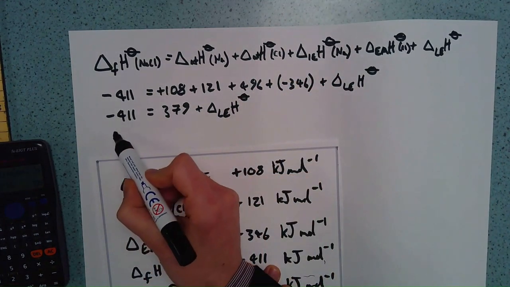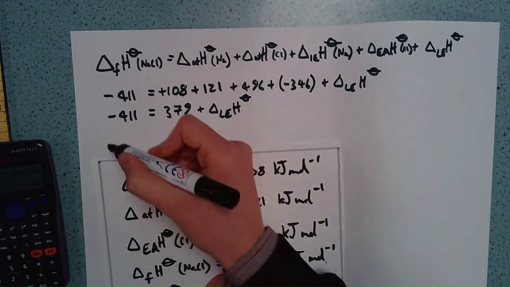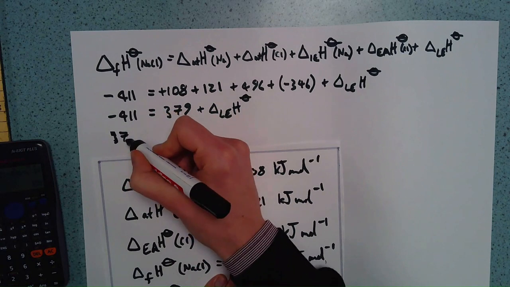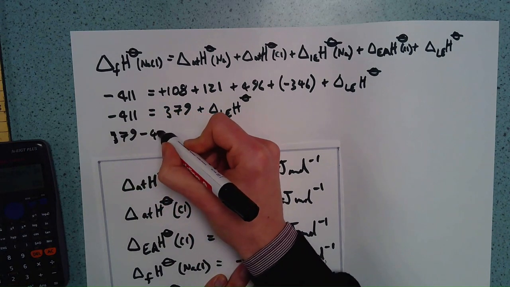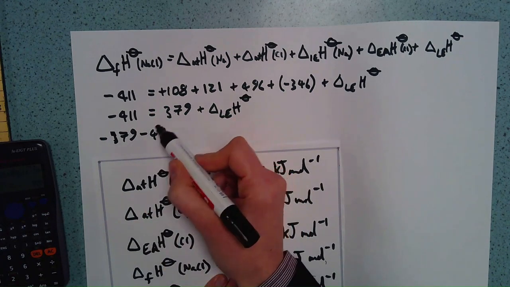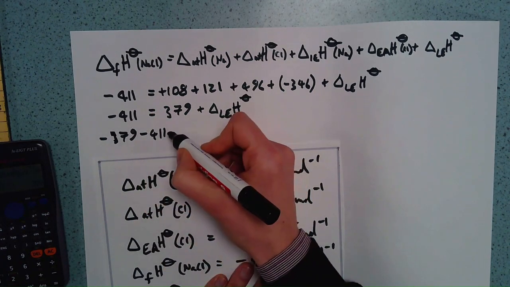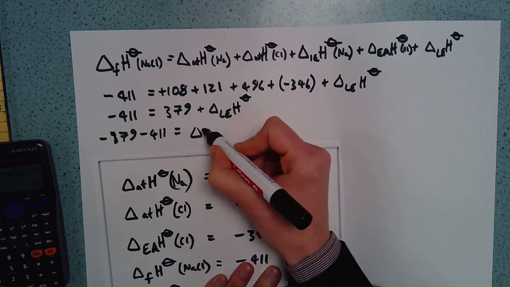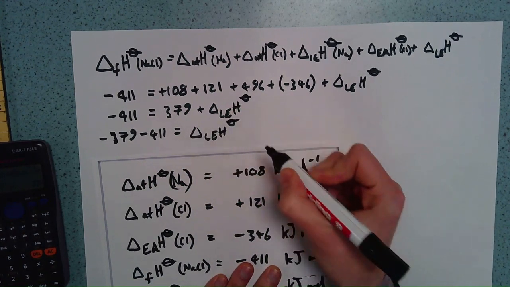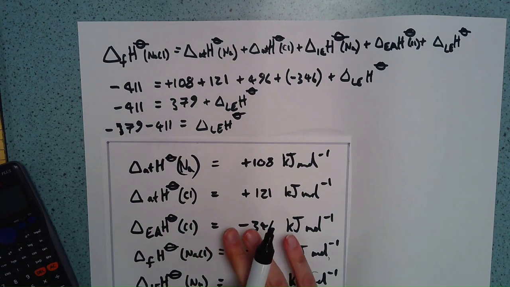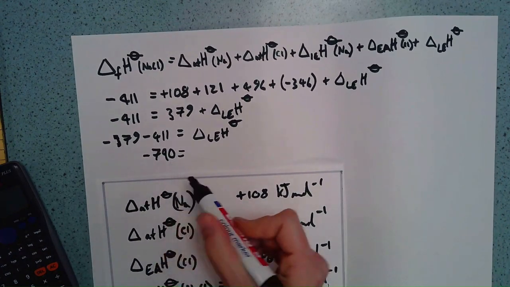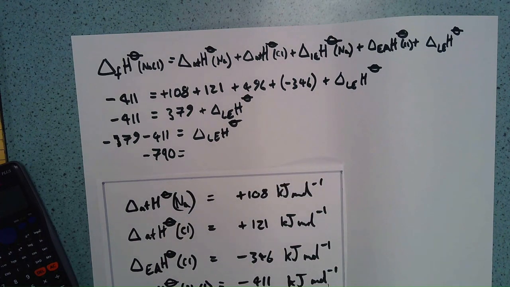And that means that when I take it off on this side and rearrange it, I get minus 379 minus 411 equals lattice enthalpy. And so if we add that up, we end up with minus 790 as our lattice enthalpy.